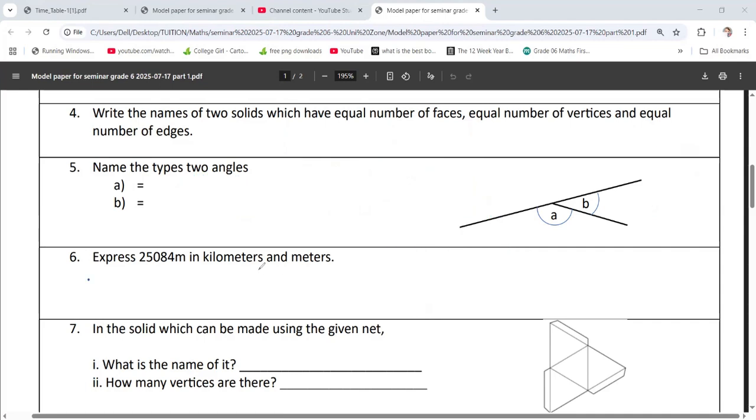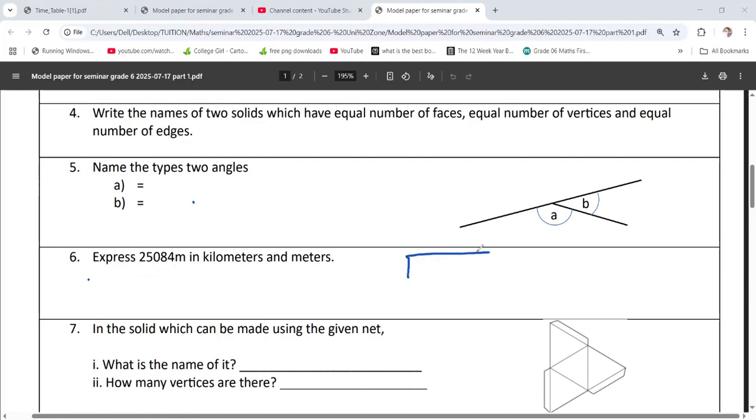So express 25,084 meters, right? You have to show this in kilometers and meters, right?